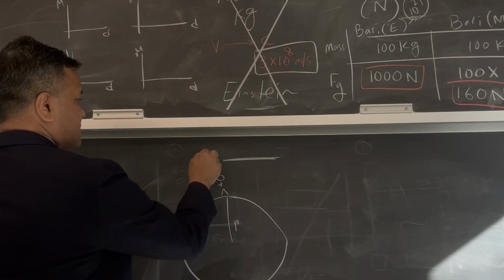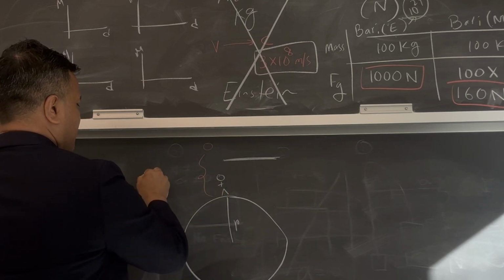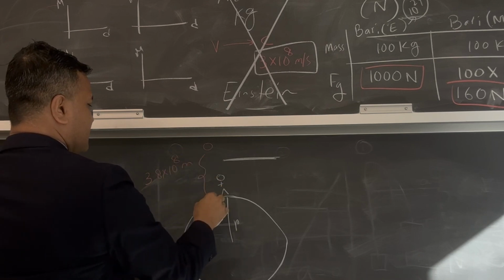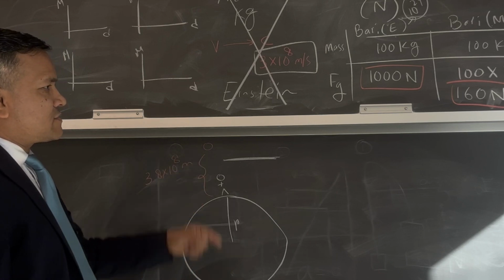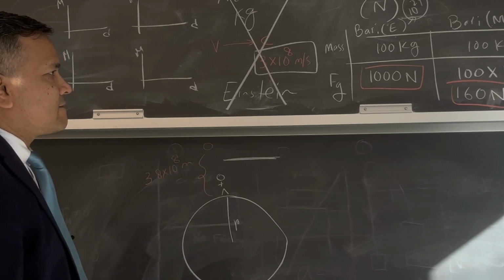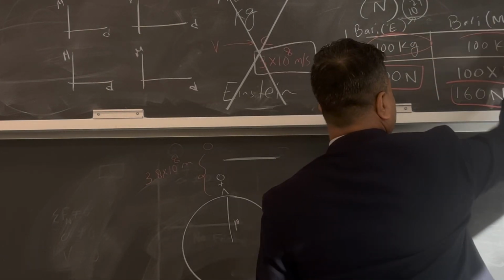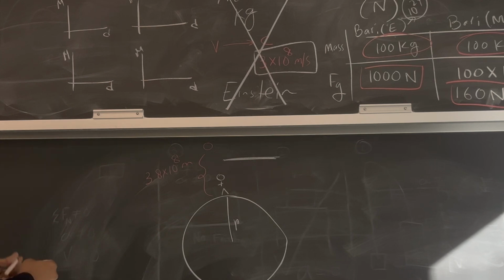The moon is over here. How much? 3.84 times 10 raised to 8 meter above the Earth, from radius to radius. What happened? Will you be able to change your mass by going to the moon? No. Oh, I didn't give you the option.